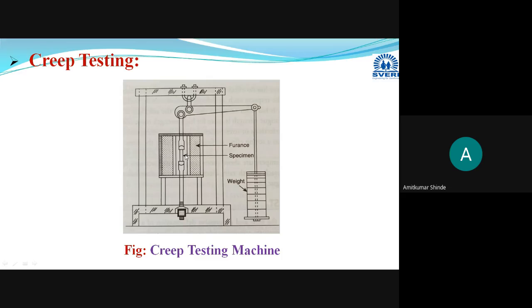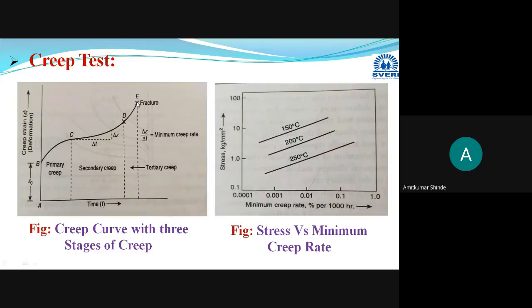That value you will get at the end here, the amount of deformation when that material got fractured, and here you will get the time value, and your test will end. At the end you will get the creep limit of that particular material, or creep strength.